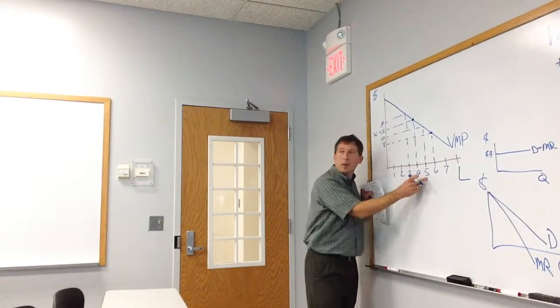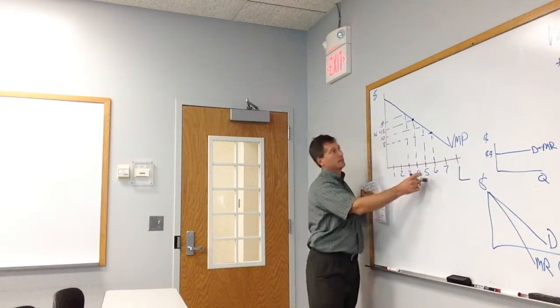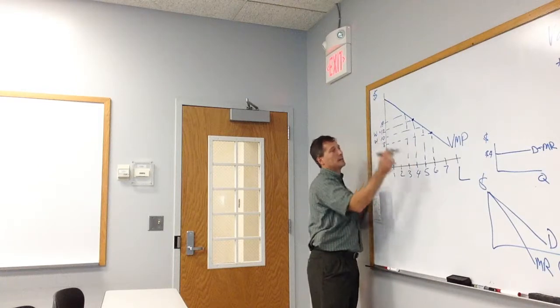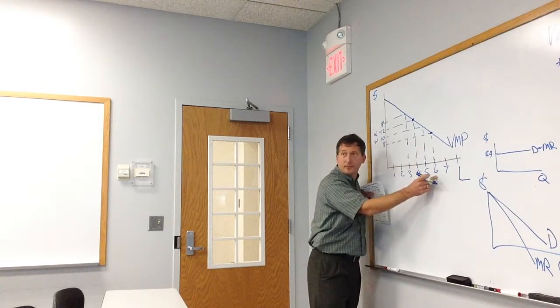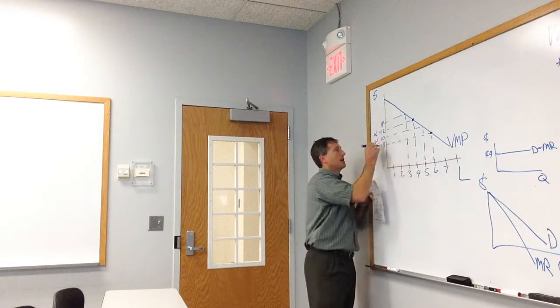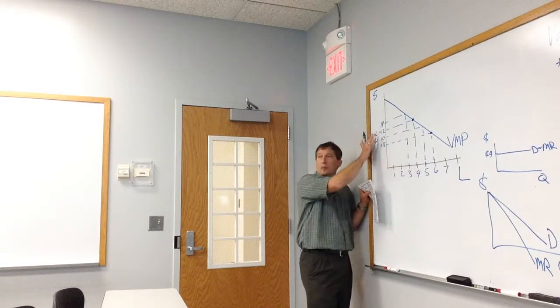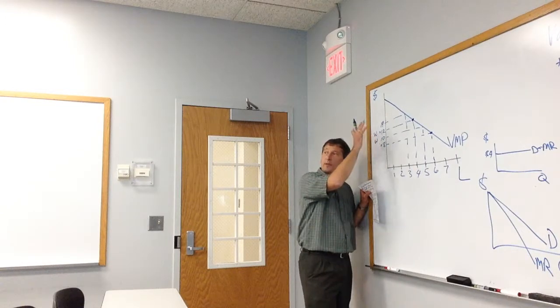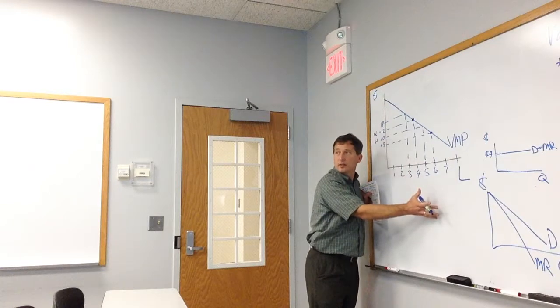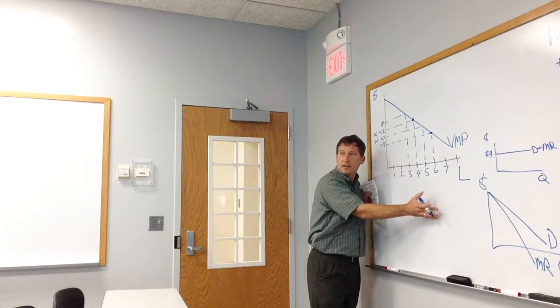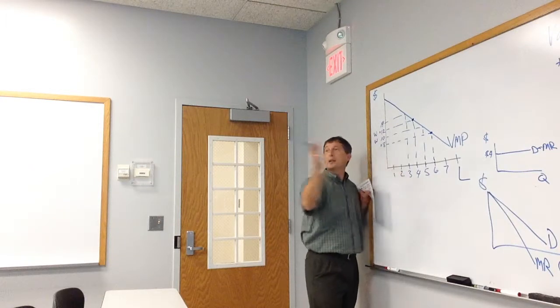What's the maximum I'm willing to pay for the 5th person? 10. What's the max for the 6th person? What is a relationship between the prices I'm willing to pay for various quantities? What kind of curve does that represent? The demand.